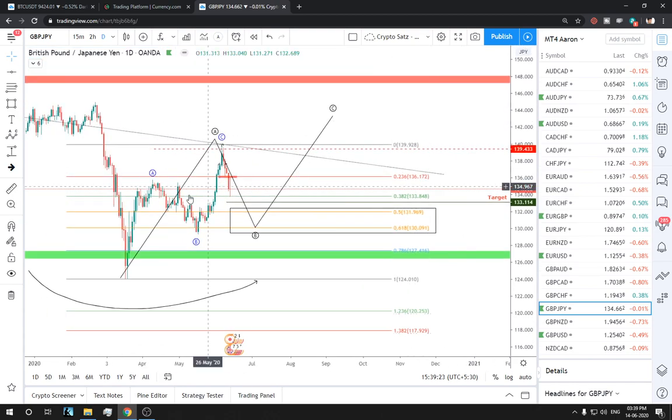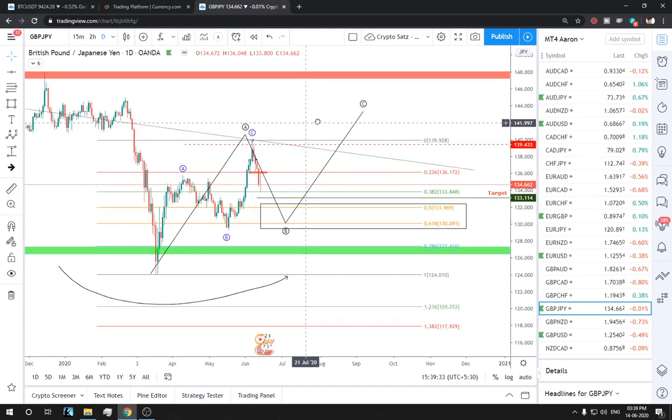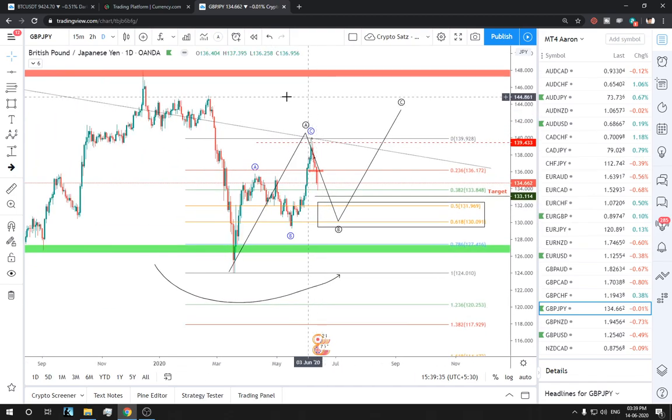So in the coming week we might see a fall to this range, which is 0.5 or 0.618. Long it here for the targets, possibly of a double top or around this resistance, which is here. We have a nice resistance out here.